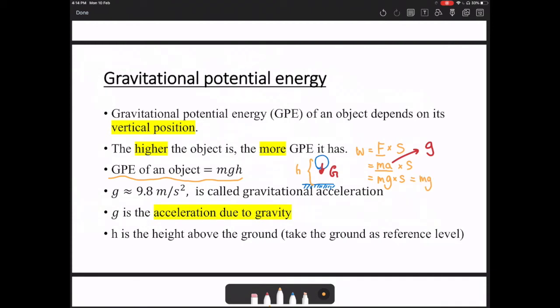So that will be mgh. Therefore, the work done by gravity is equal to m times g times h. And we know work done by gravity is gravitational potential energy. Therefore, we can say gravitational potential energy of an object equals mgh. So remember, the higher the object is, the more gravitational potential energy it has.